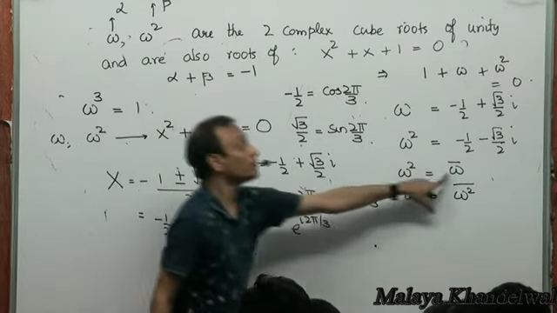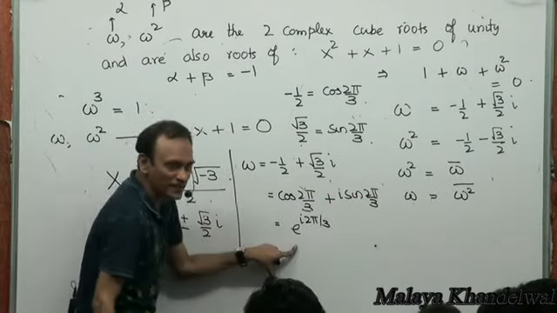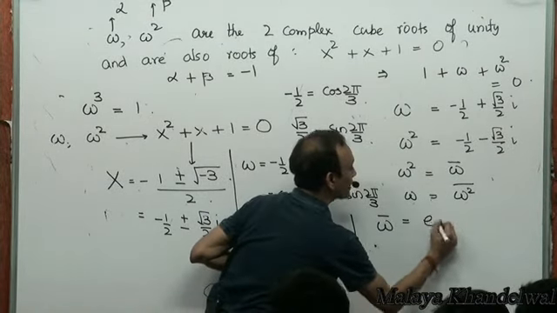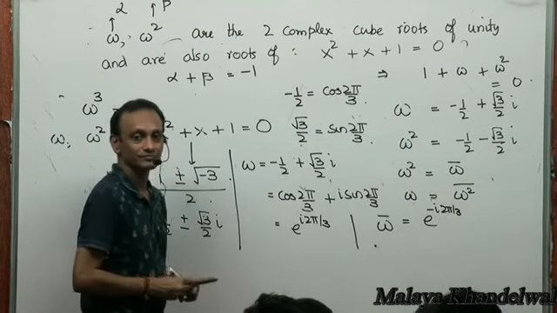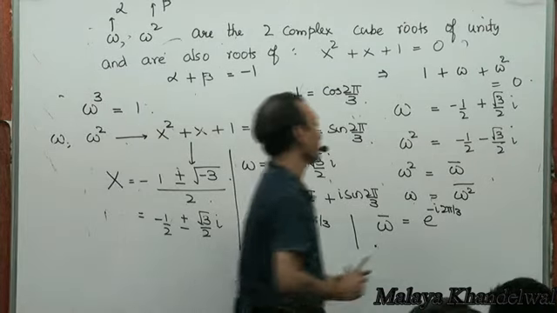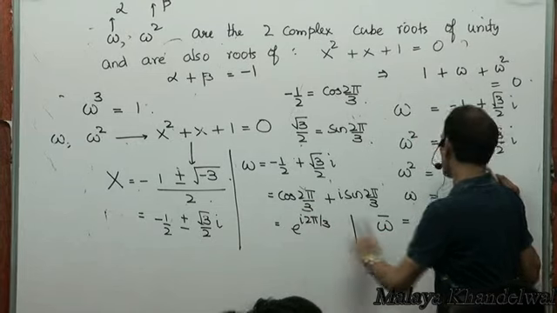Omega square must be omega bar. So if omega is this, what is omega bar? E power minus i 2 pi by 3. That's omega bar. Right? I'm saying if omega is this, what is omega bar?